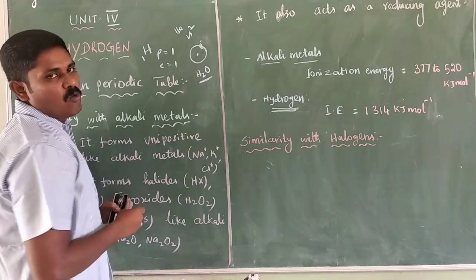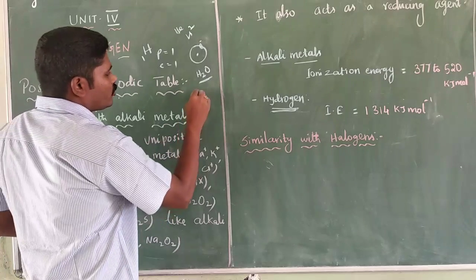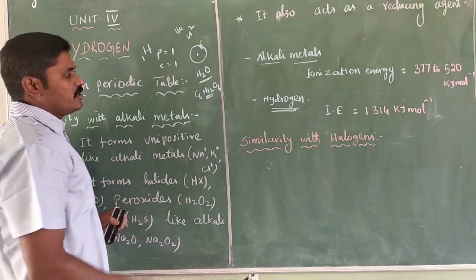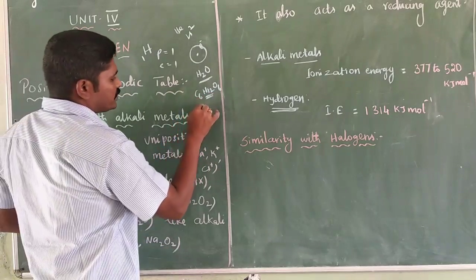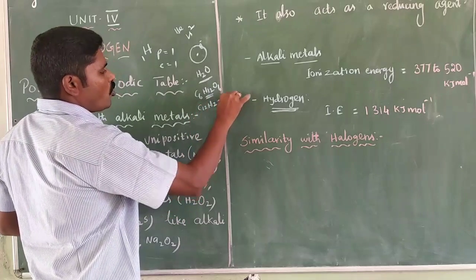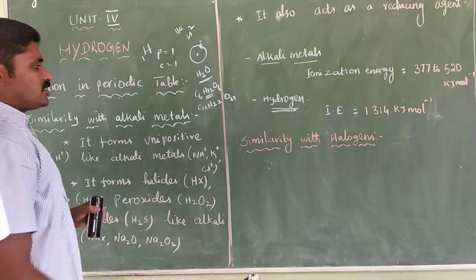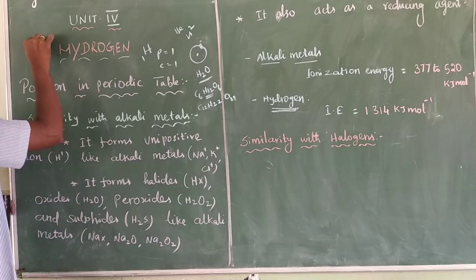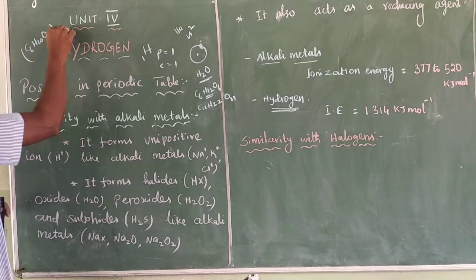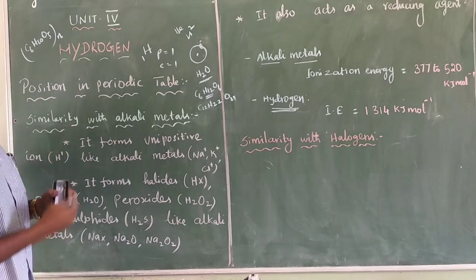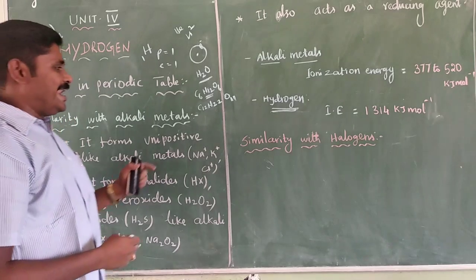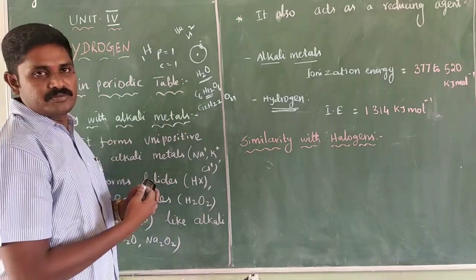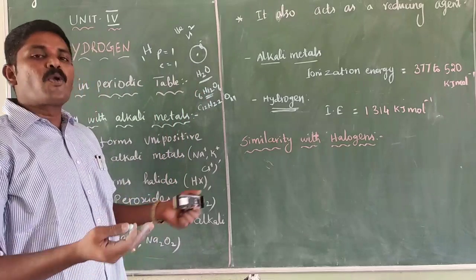And carbohydrates: glucose, C6H12O6, fructose, sucrose, C12H22O11, and polysaccharides, (C6H10O5)n, like starch, cellulose, and so on. So in our daily life, most compounds contain hydrogen, for example water, carbohydrates, proteins, and so on.